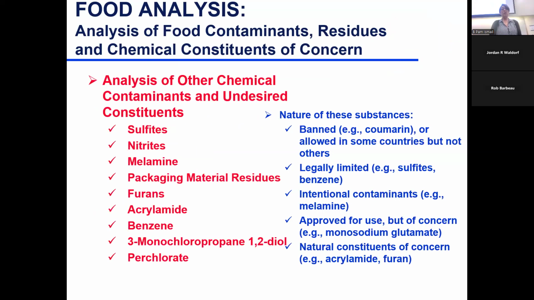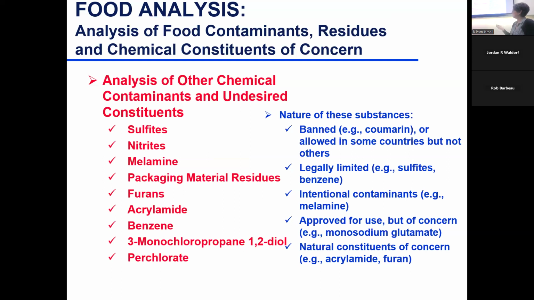So moving on, I'm going to give you examples of a lot of other residues and contaminants that you don't want in your sample. So there's a lot. There is a summary table in your book, but I will talk about a few: sulfite, nitrites, melamine, packaging material, furans, acrylamide, benzene, monochloropropane, and perchlorate.